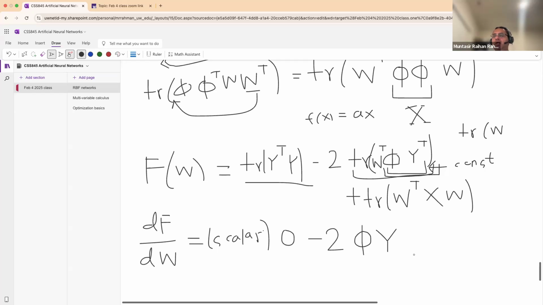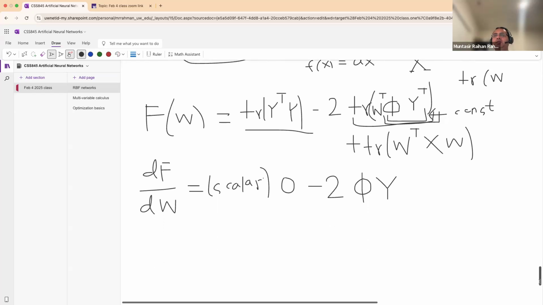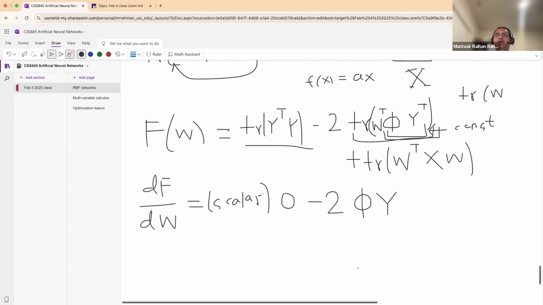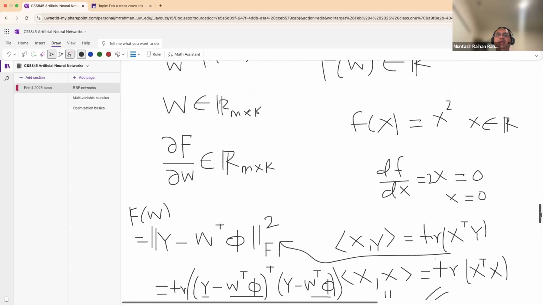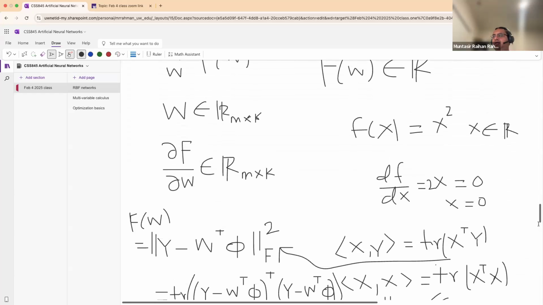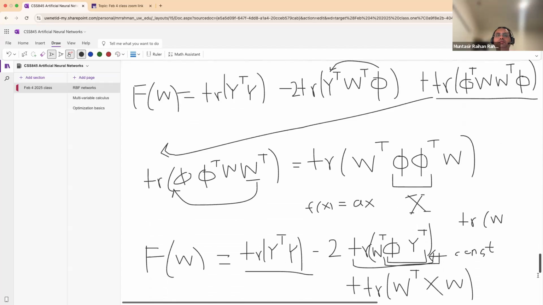But now what we need to do is make sure that the dimensions are okay. The way we are going to do that is we know the dimension of this has to be the same as the dimension of this function F, and we checked earlier that the dimension of this is m by k. Okay, so now let's write it down.